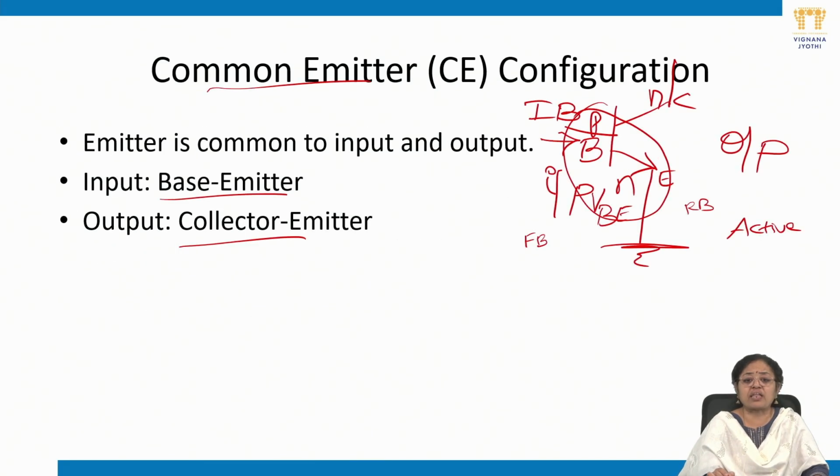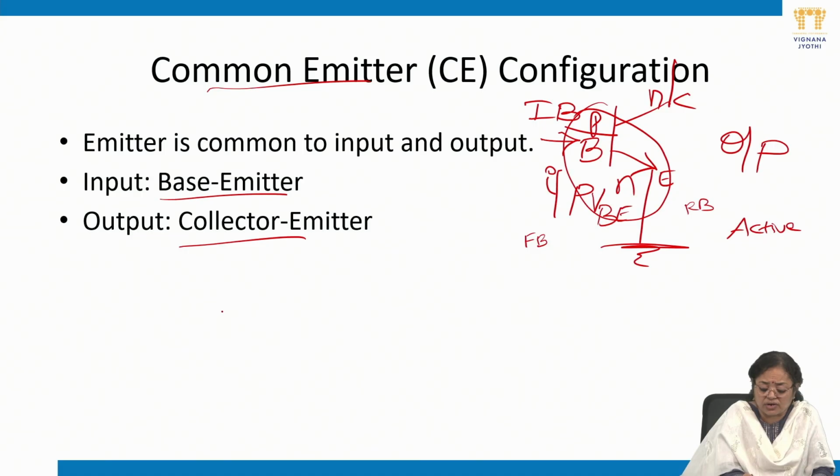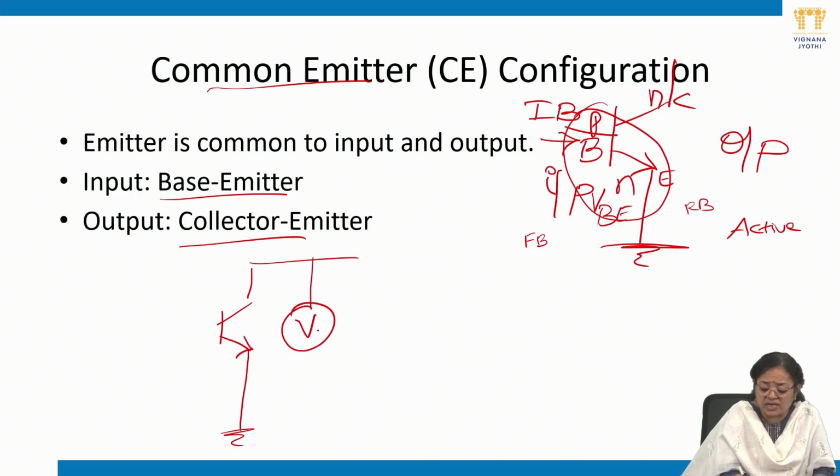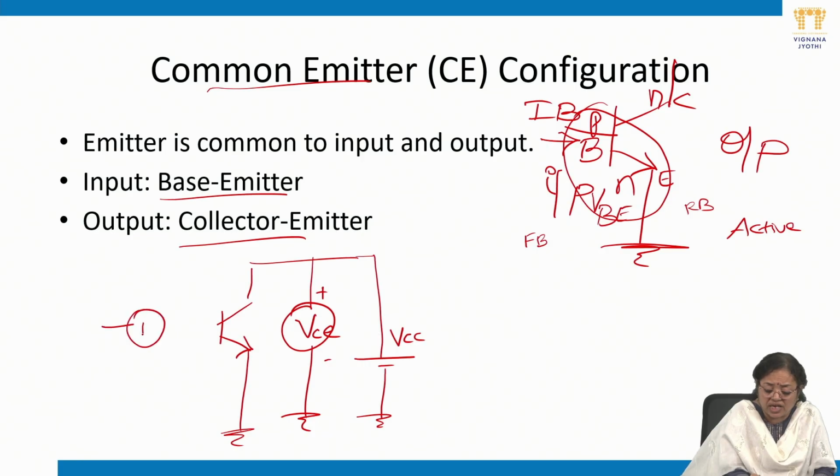For different values of the output voltage, that is VCE, we are going to get the characteristics. For example, this is the emitter, and over here we apply the voltmeter for VCE, NPN, with reverse biasing. This gives us VCC and this is VCE. This is a microammeter, which is going to measure IB, and this is going to forward bias.